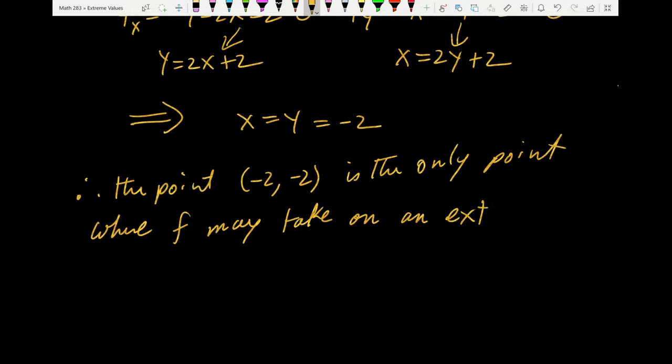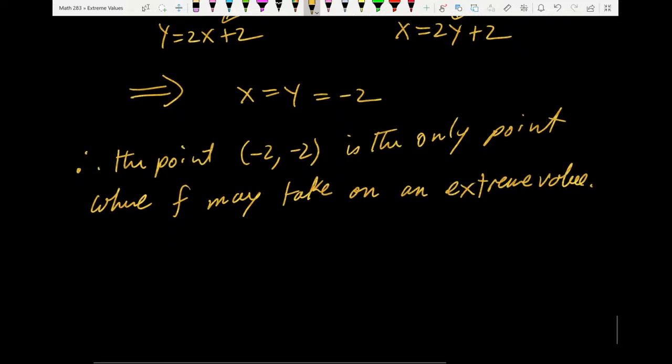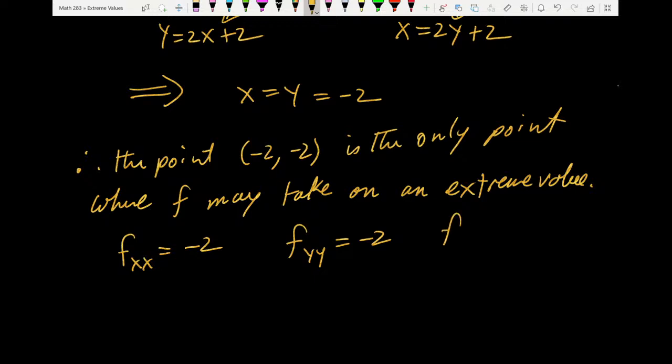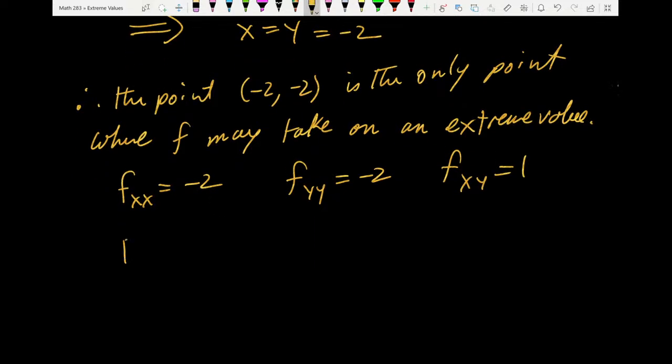Take on an extreme value. All right, so we're going to use that discriminant, remember? So f sub xx is what? Negative 2. f sub yy is what? Negative 2. f sub xy is what? 1. D of f. Do you guys see it? No? Okay, forget it.